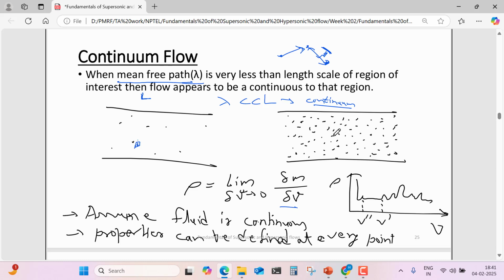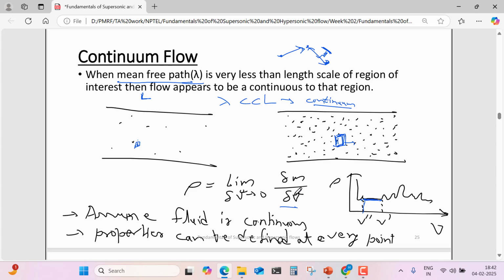And if density is high, there are many molecules and mean free path is also very less. Then if we see a region and we take a control volume, let's say, and we wanted to find the density at that point, and we started reducing the volume of that region, then at one point we will see that there is no change in density, and there is one minimum volume at which this density will remain constant.